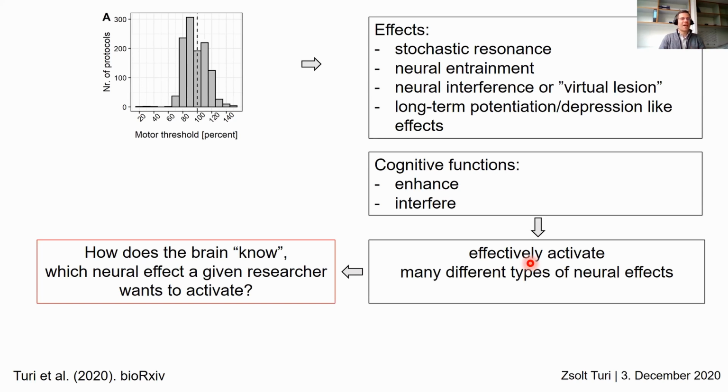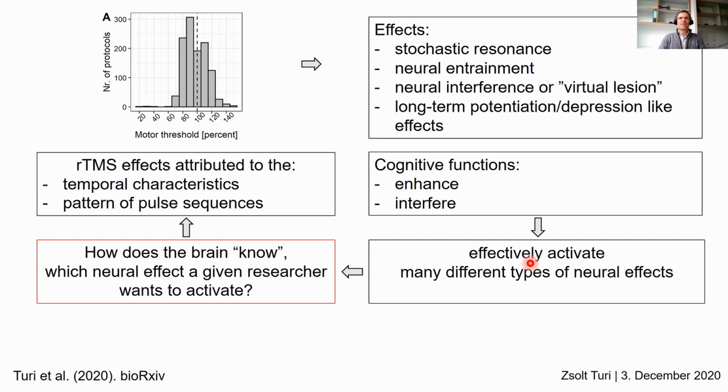Of course, the common answer is that there are other parameters of rTMS that can induce the effect, including the stimulation frequency. So you might say that, yes, we use the same intensity, but 1 Hertz rTMS induces a long-term depression-like effect, and 10 Hertz, at least at the corticospinal excitability level, increases LTP-like effect.